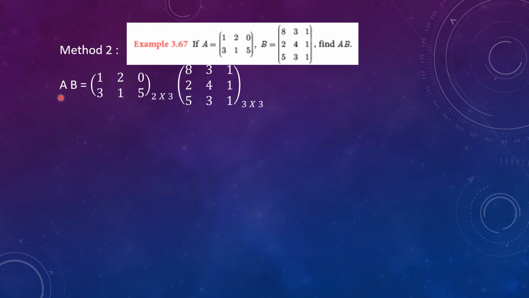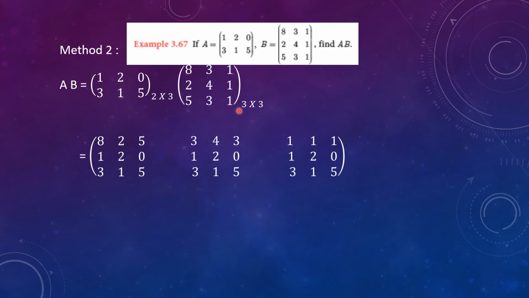First you have to write the product AB equal to, I have to write the A matrix, then the B matrix with its order. Here this column number is equal to this row number, so AB is defined. See, for this shortcut method, first you have to count the second matrix column numbers. Here the column number is 3.